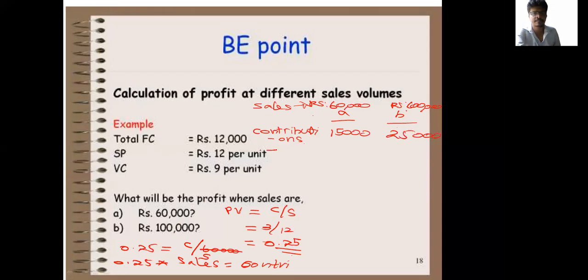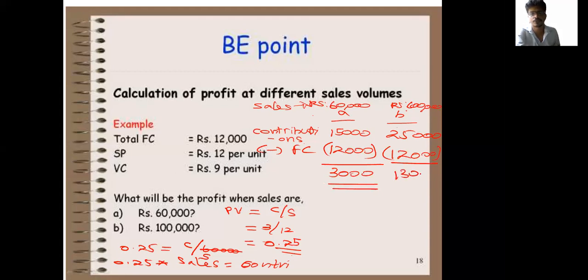Okay, then we need to get the profits by subtracting fixed cost. Fixed cost is not going to change with the sales volume, it's fixed, 12,000. Then here profit for A is 3,000.